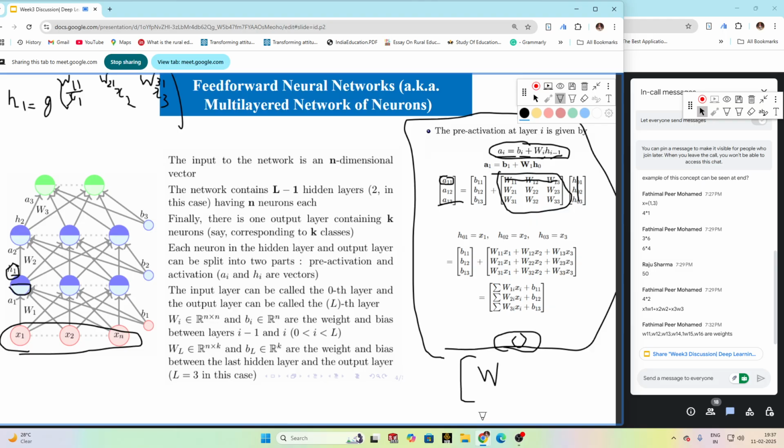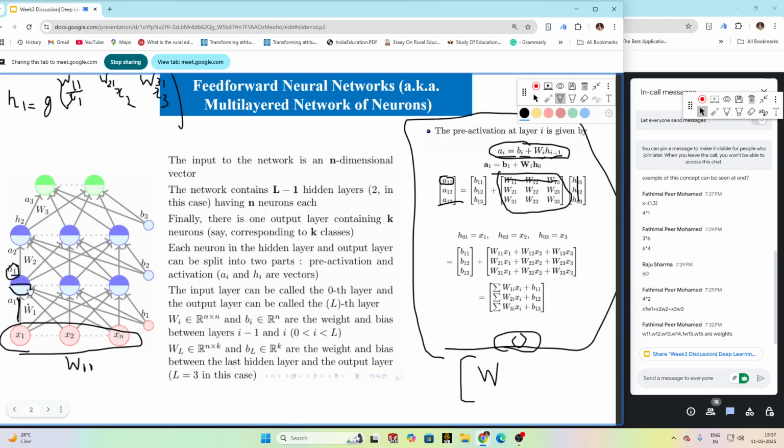Sir, while answering questions related to dimensions, you don't need to use your brain much. What we do is, if I consider this weight, I should write it as W11.